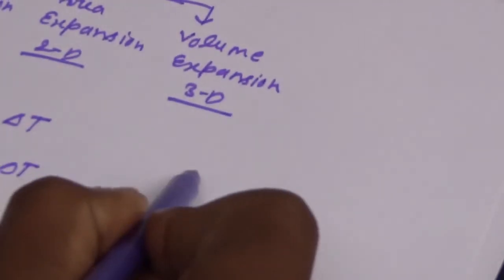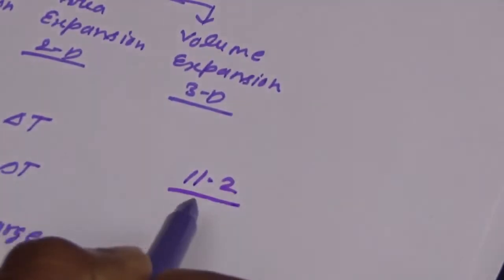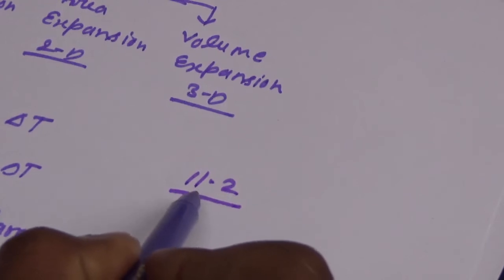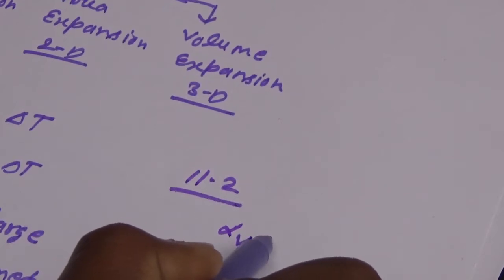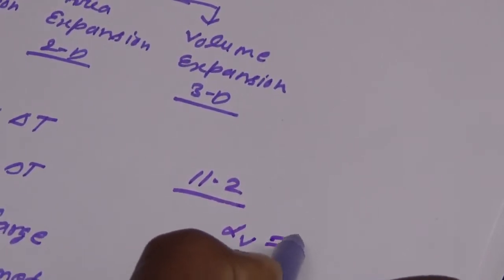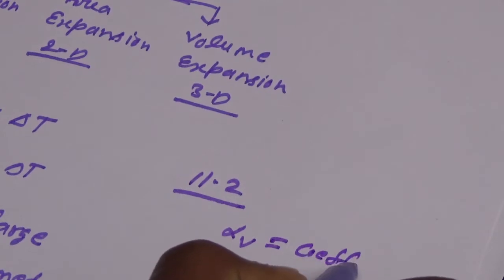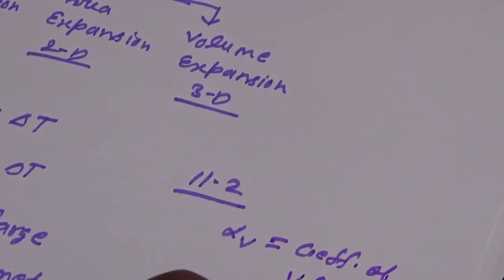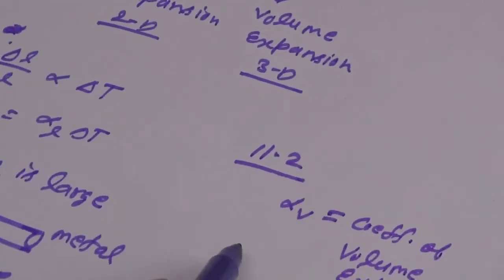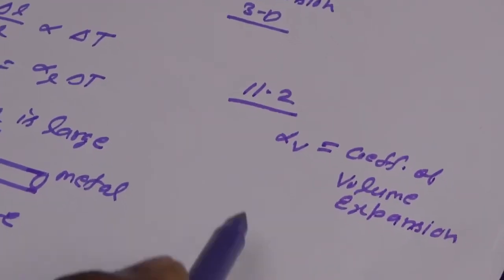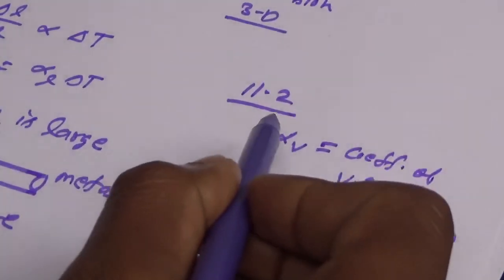In a similar way, after studying table number 11.2 from your NCERT book, you can see alpha V. What is alpha V? Alpha V is the coefficient of volume expansion. We can see the value of alpha V from table number 11.2.